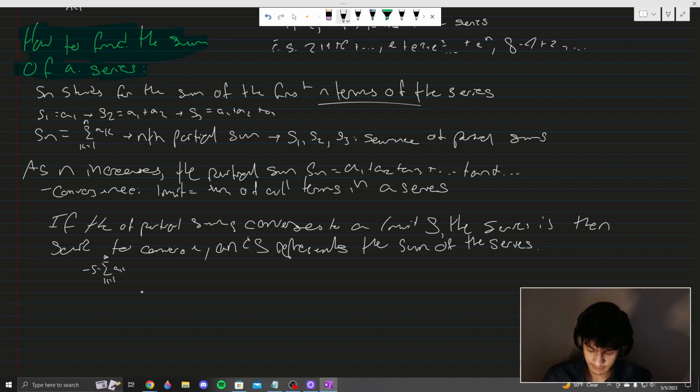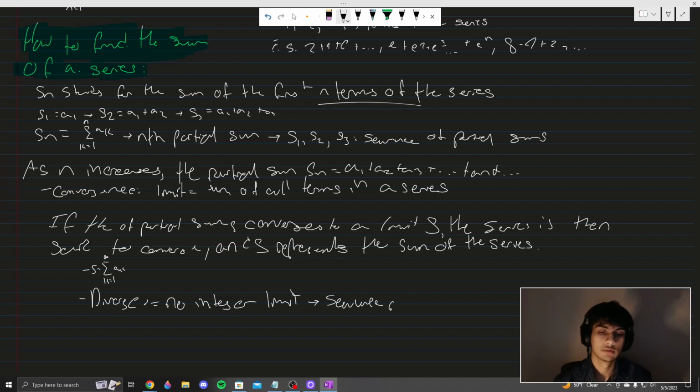So if the sequence of partial sums diverges, which means it doesn't have a limit, I will rewrite that: diverges equals no limit. Then the series is said to diverge, right? So in this case, the sequence of partial sums has no limit.